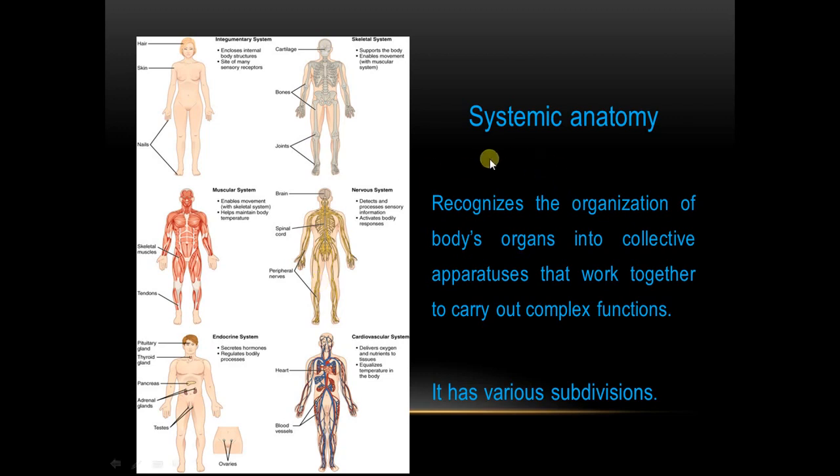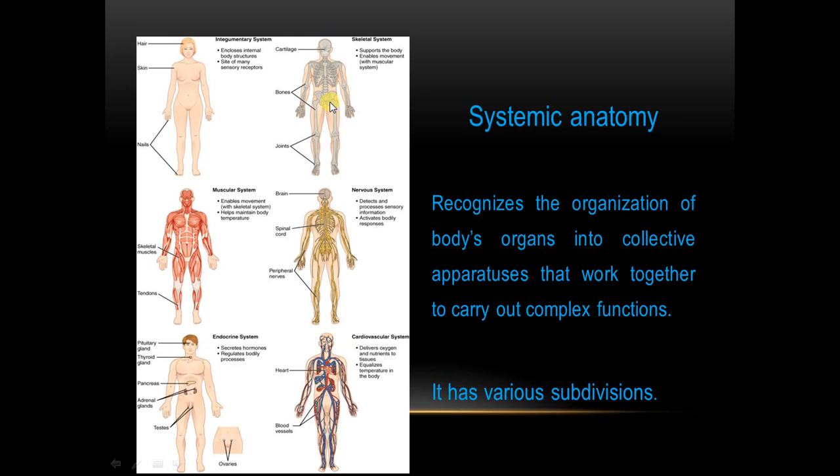What happens in systemic anatomy is it recognizes the organization of the body into organs or collective apparatus that work together. Of course, you all know what systemic anatomy is. You would have come across all these things, the various systems. Naturally, your integumentary system, which mainly deals with the skin and its appendages.